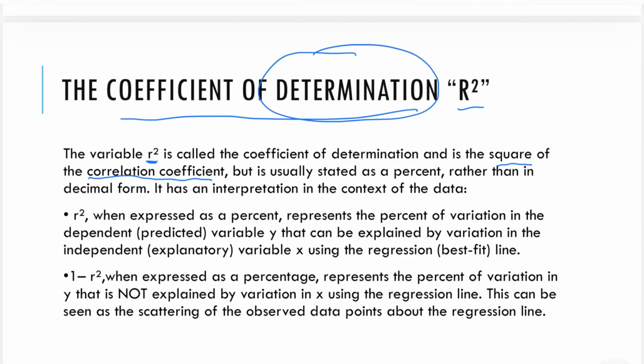That measures the percent of variation in the dependent variable y that can be explained by the variation of the independent. So again, if we have a large number for R squared, that means a lot of the predictability of y can be explained. A lot of the y can be explained by the x variable.